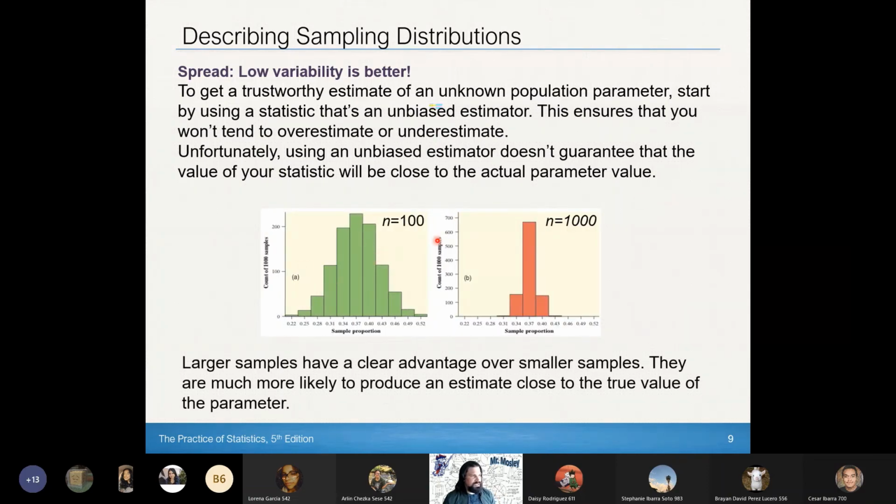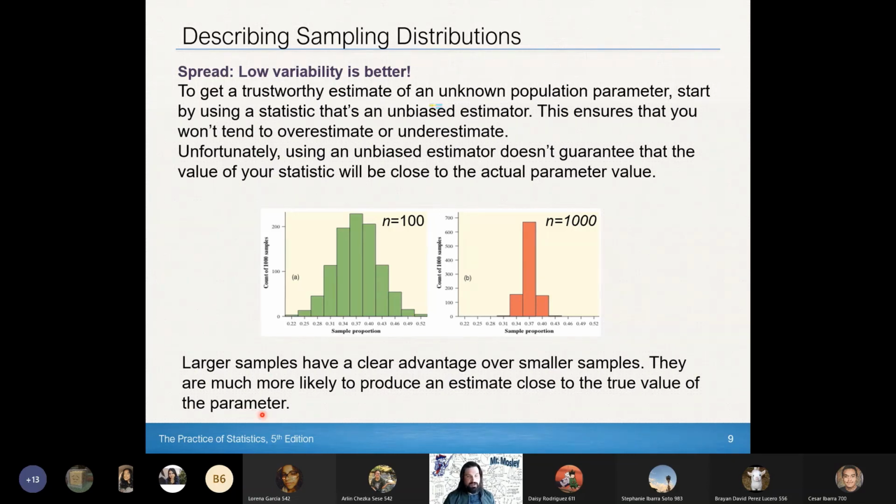Right, so we see two examples here. One where the sample size for each sample was 100. This is a sampling distribution for samples of size 1000. Larger samples have a clear advantage over smaller samples. They are much more likely to produce an estimate close to the true value of the parameter.